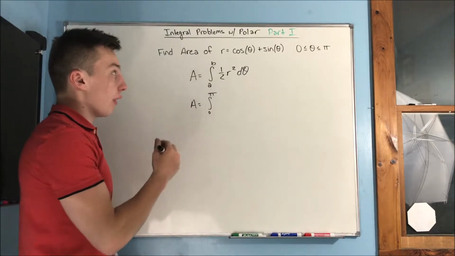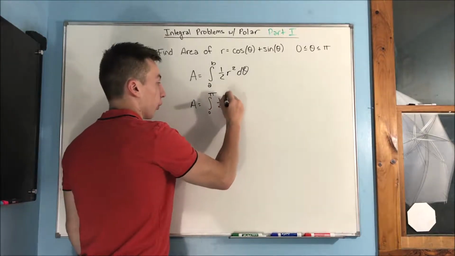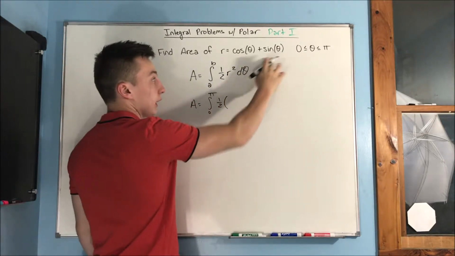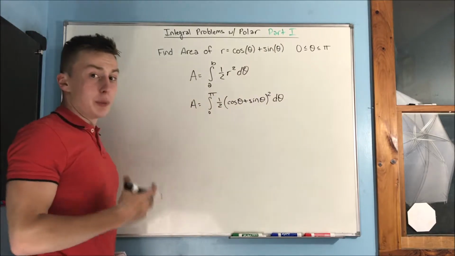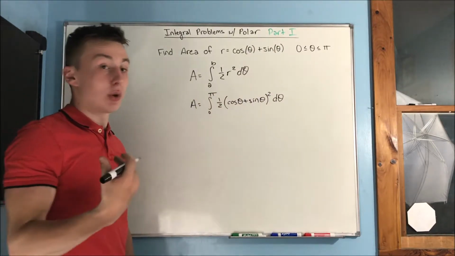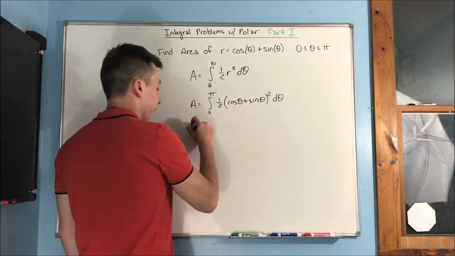Now we have 1/2, of course, but we have our r squared, so we're going to be squaring cosine theta plus sine theta. You probably see that we're going to get a cosine squared plus sine squared, which is pretty nice.